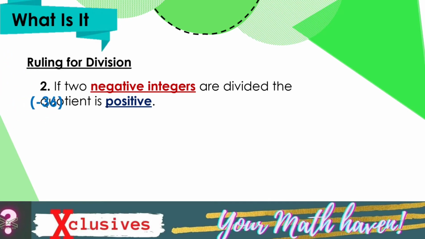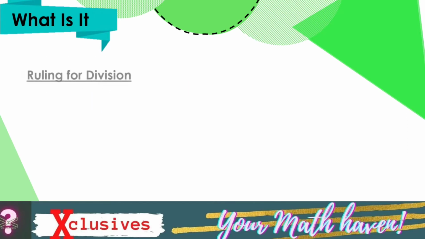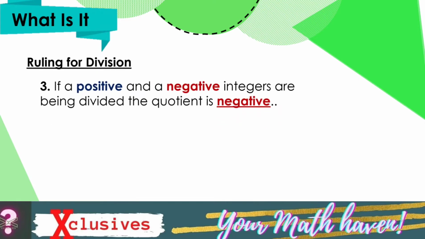Example, negative 36 divided by negative 12, the answer is positive 3. Rule number 3. If a positive and a negative integer are being divided, the quotient is negative. Example, positive 45 divided by negative 9 is negative 5.